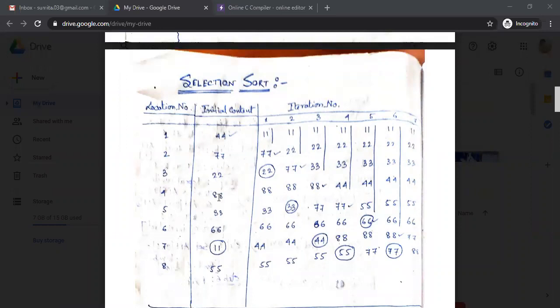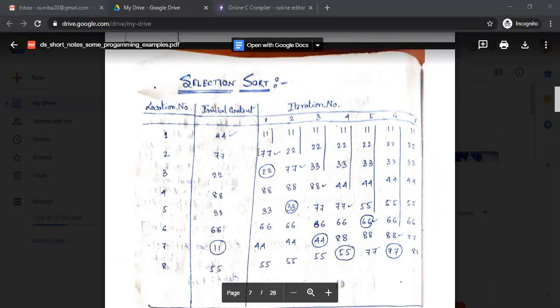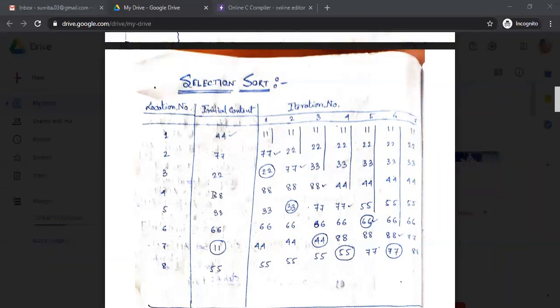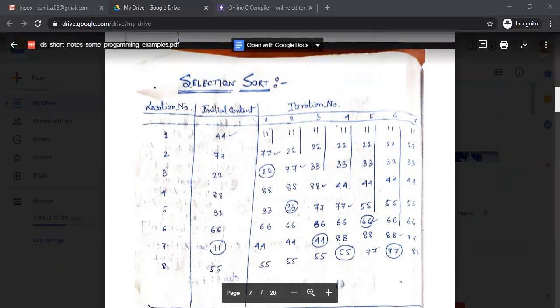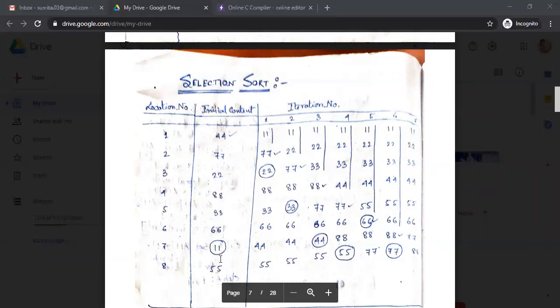What is the meaning of that? I am already taking this element, so it is already to one side. Now I am talking about the remaining elements, 1, 2, 3, 4, 5, 6, 7. Out of these 7 elements, you have to find the position of the smallest element.